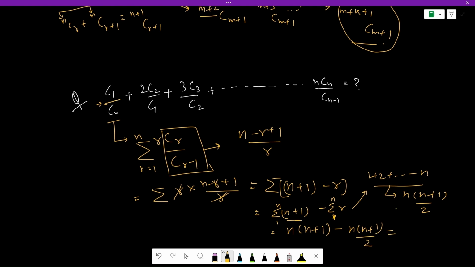Now finally the result we get is n into (n plus 1) by 2. So this is how you can solve some basic series questions based on NCR properties.